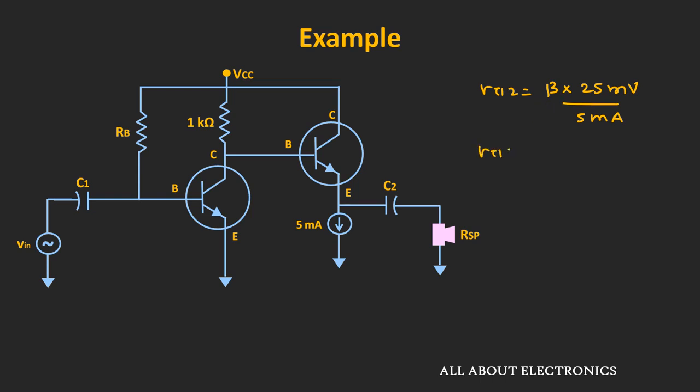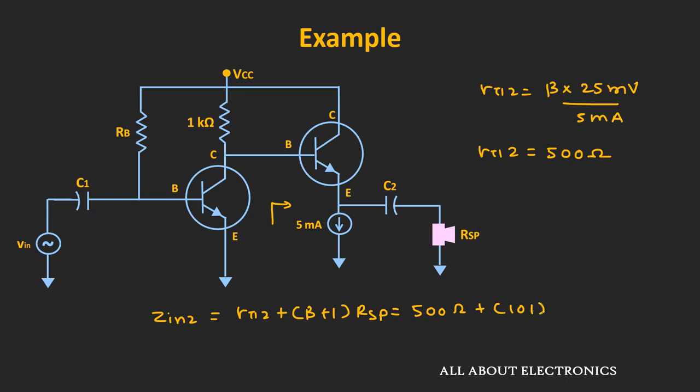That means this R pi 2 is equal to 500 ohm. So the input impedance Zin is equal to R pi 2 plus beta plus 1 times RSP. That is equal to 500 ohm plus 101 times 8 ohm, which is equal to 1308 ohm.